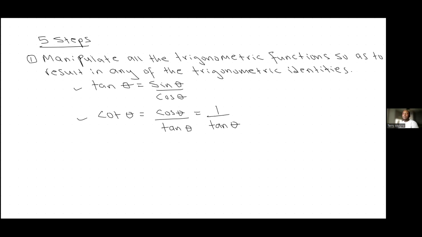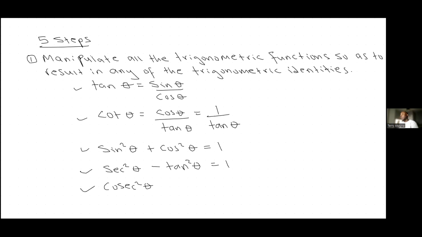Or you can manipulate it so that you have sine squared theta plus cos squared theta, which should give you 1, or you can have sec squared theta minus tan squared theta, which will give you 1, or you can have cosec squared theta minus cot squared theta, which is also going to give you 1.